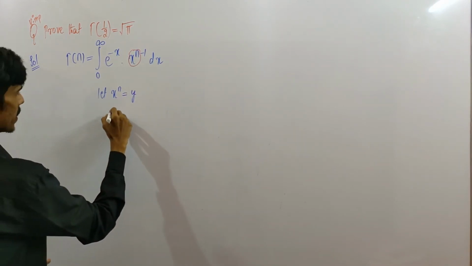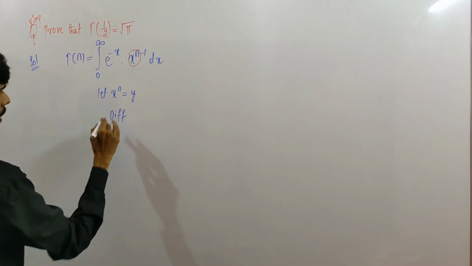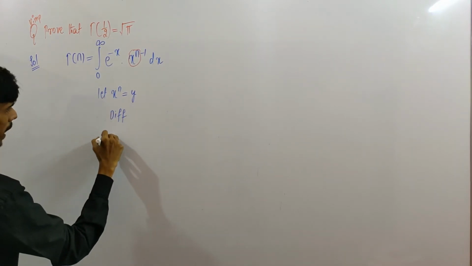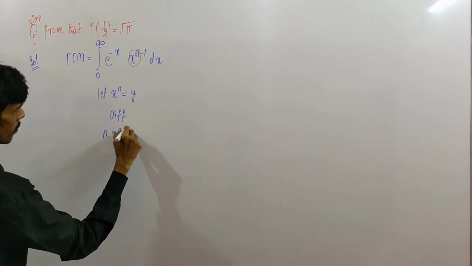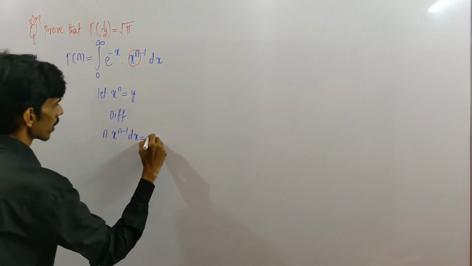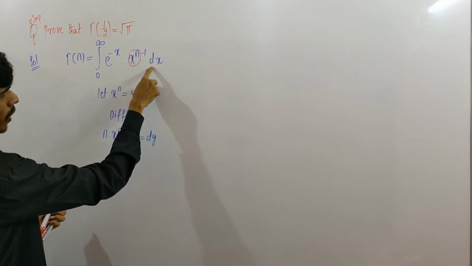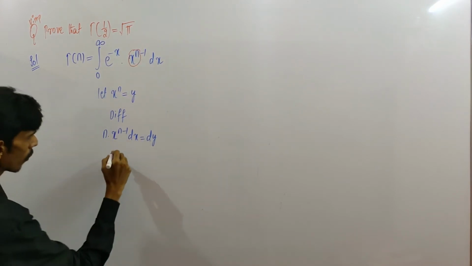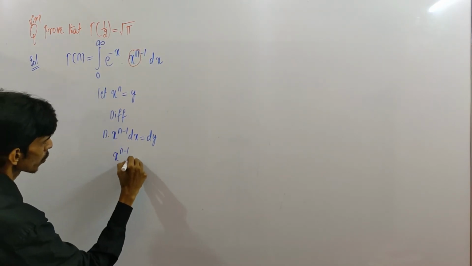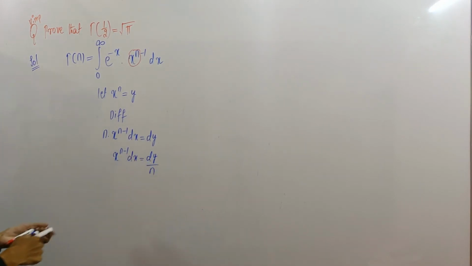Now differentiate with respect to y. Then the derivative of x power of n will be n into x power of n minus 1 dx equal to dy. Now here we have x power of n minus 1 dx, so x power of n minus 1 dx value is dy by n.